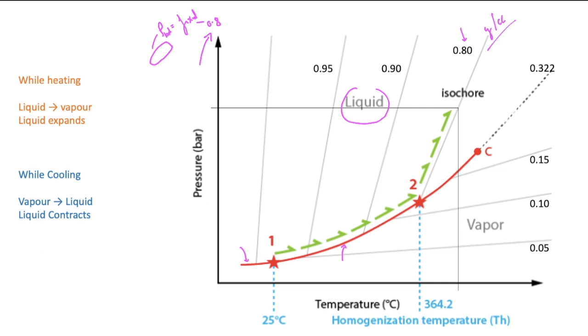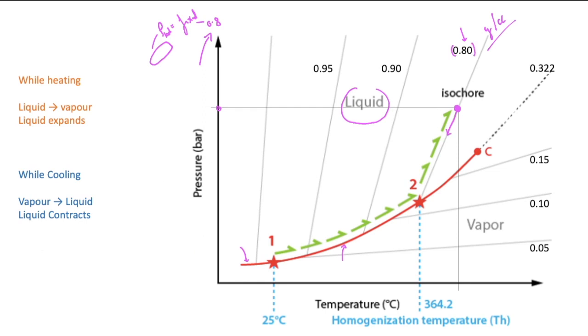Okay, so let's say at this high pressure and this high temperature, the inclusion is here. Now if we start decreasing the temperature, or when we start cooling the inclusion, it will always remain on this line, because this line represents this bulk density.